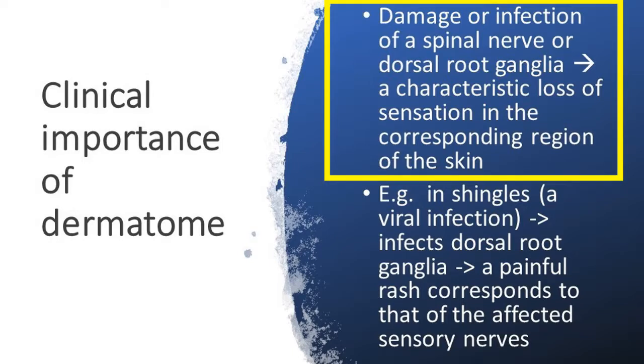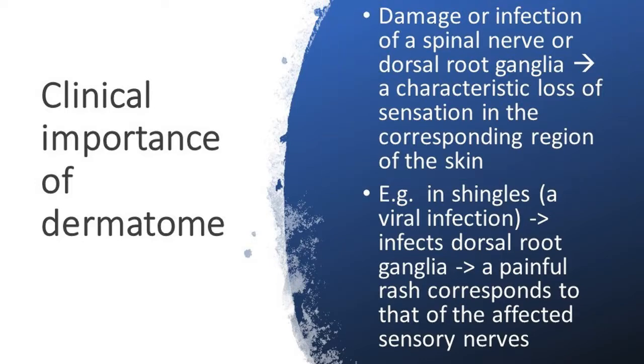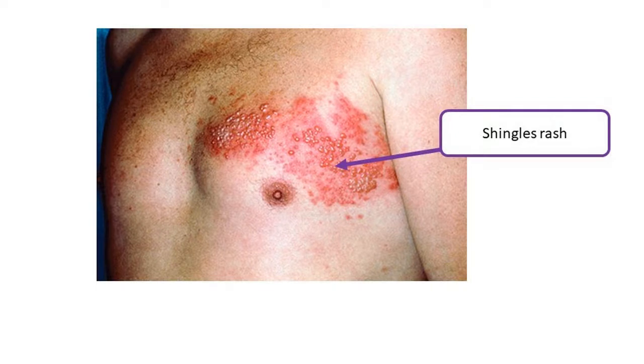That means if there is an infection of C6 dorsal root ganglia, then the symptoms of that infection will be seen on the area supplied by C6. This is classically seen in a viral infection called shingles. Shingles usually infects dorsal root ganglia, and that presents as a painful rash that corresponds to the affected sensory nerve.